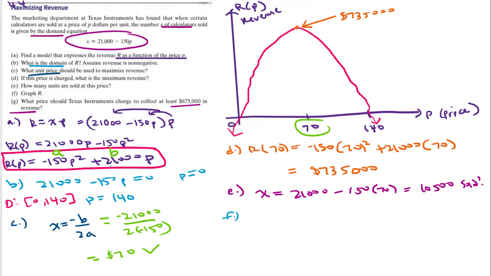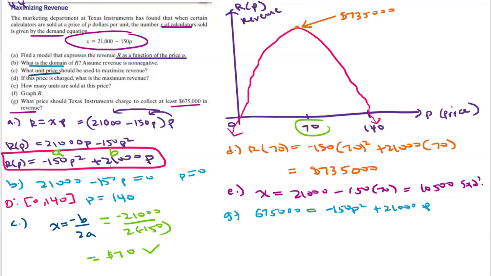So again, we already did F. We need to do D. So we're going to set 675,000 equal to negative 150 P squared plus 21,000 P. We're going to move everything to the left so that we have a positive leading term.